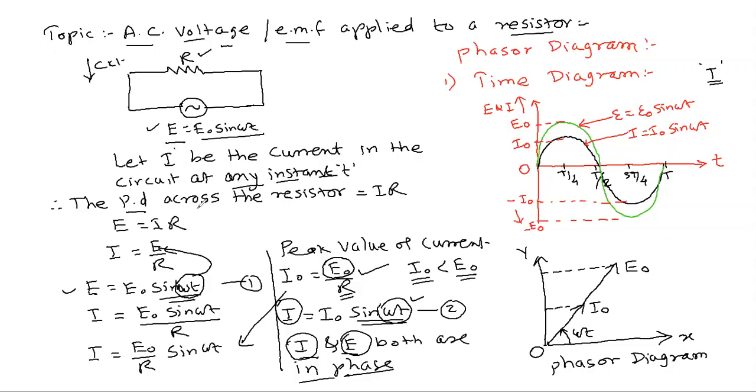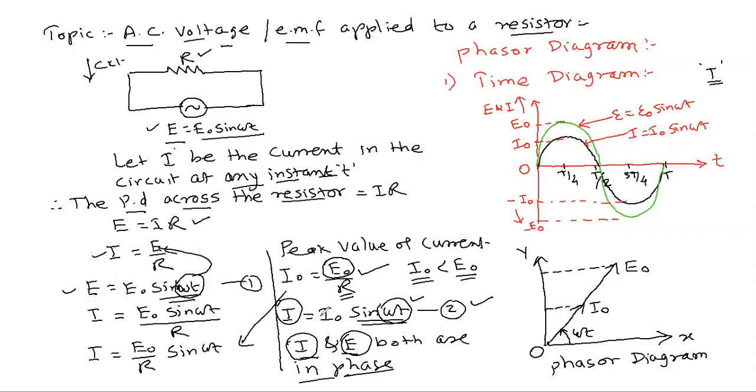Then the potential difference across the resistor, as far as Ohm's law is concerned, that is E is equal to IR. Then calculating the value of this current and substituting E is equal to E naught sine of omega t, we reached the second equation, that is I is equal to I naught sine of omega t.